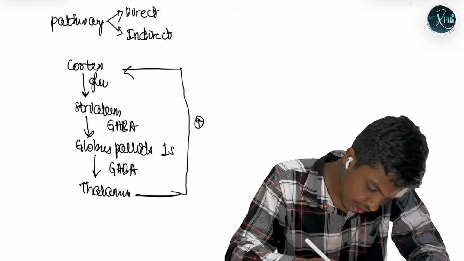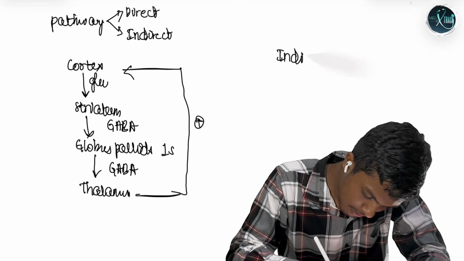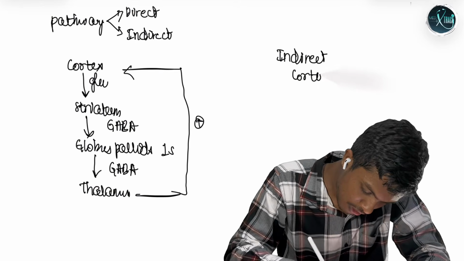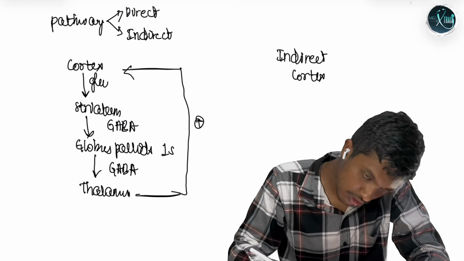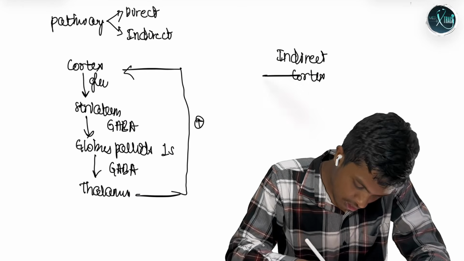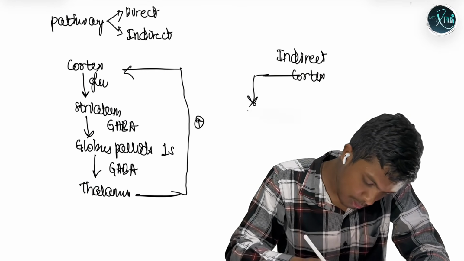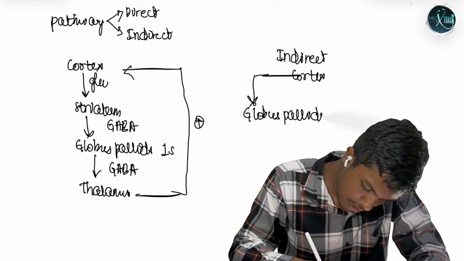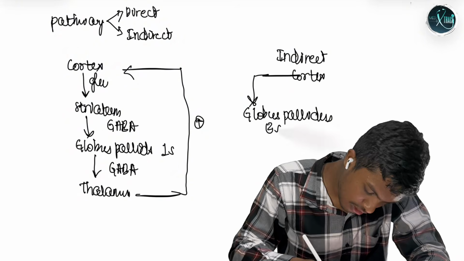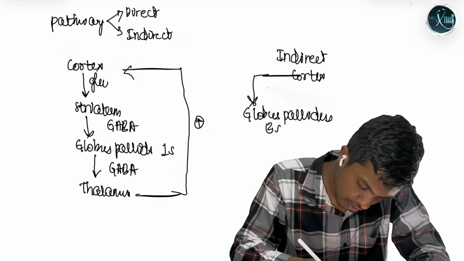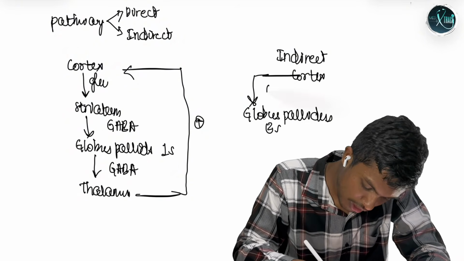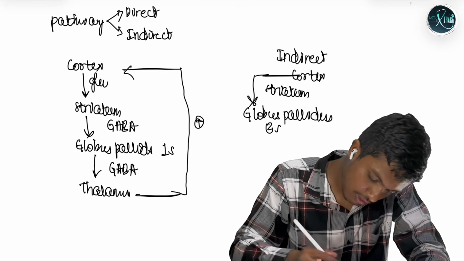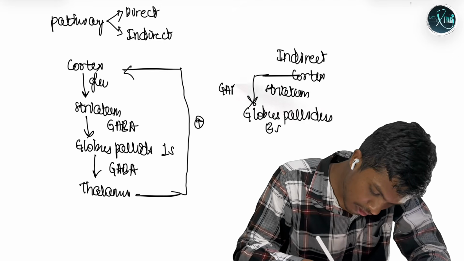And coming to the indirect pathway, the cortex sends signals to the globus pallidus externus via the striatum, that is inhibitory.